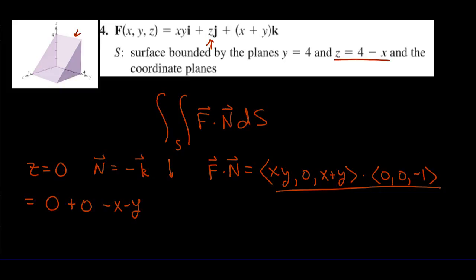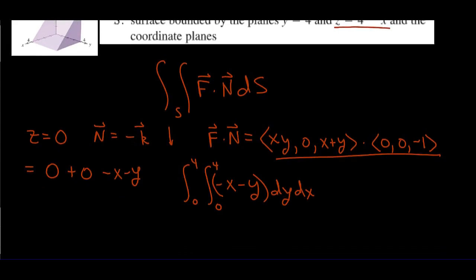So now here's what we've got to do. We're just going to set up this integral. We've got negative x minus y, like this. And now we've got to determine our bounds. You can see that our bounds are pretty simple here. X goes from 0 to 4, and so does y. So it's going to be 0 to 4, 0 to 4, and that's dy dx.